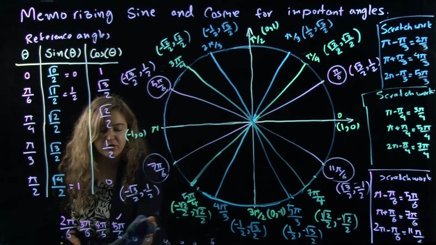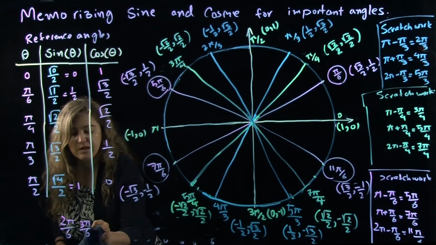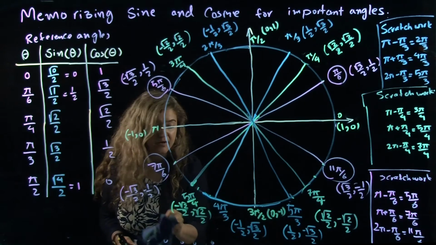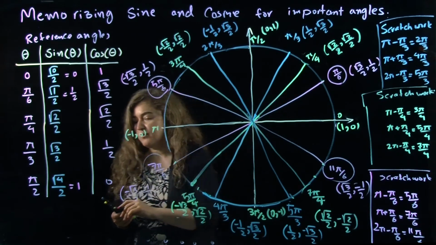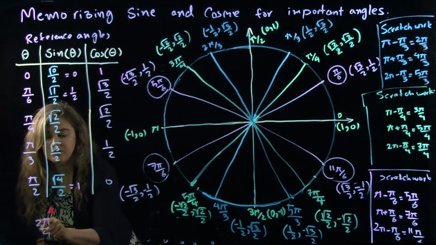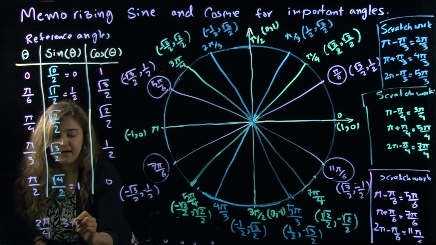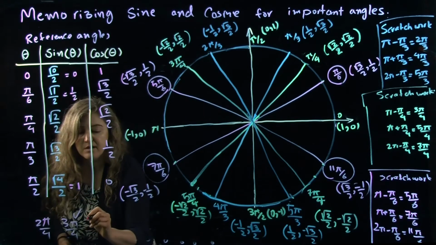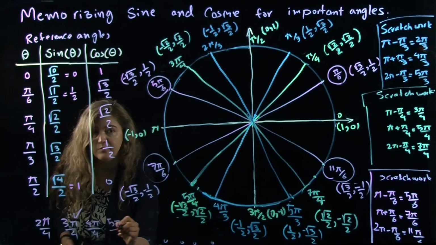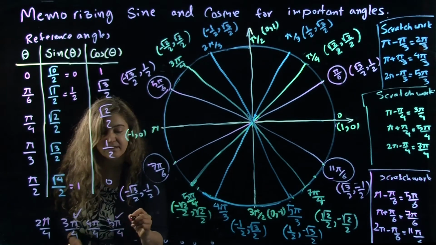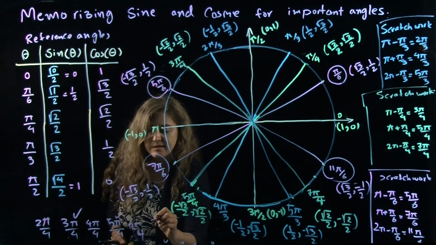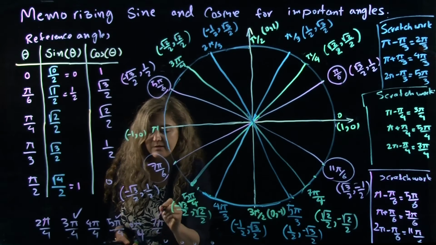Now, I want to do this with the pi 4. So what is related to reference angle 1 pi 4? Starting with 1 pi 4, that's the angle itself. Then I get 2 pi 4, 2 and 4 simplify, doesn't count. 3 pi 4 counts. 4 pi 4 simplifies, doesn't count. 5 pi 4 counts. 6 pi 4 simplifies, doesn't count. 7 pi 4 counts again.